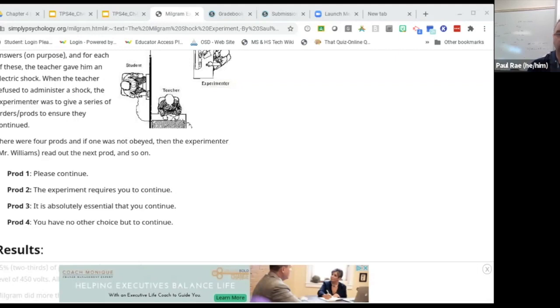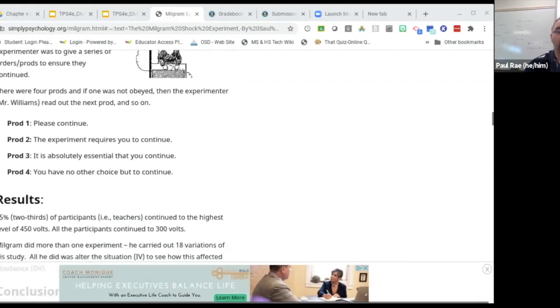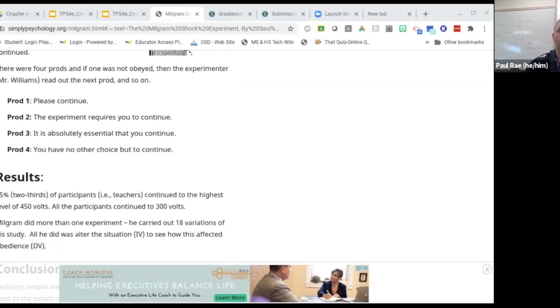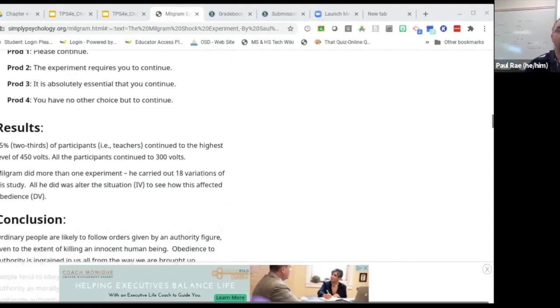You have no other choice but to continue. And it was very interesting to see that, yes, the teachers would, by and large, continue on to the highest voltage. And here what you have is 65% of the participants continue to the highest level, 450 volts, which would be fatal. And all the participants went to 300 volts.